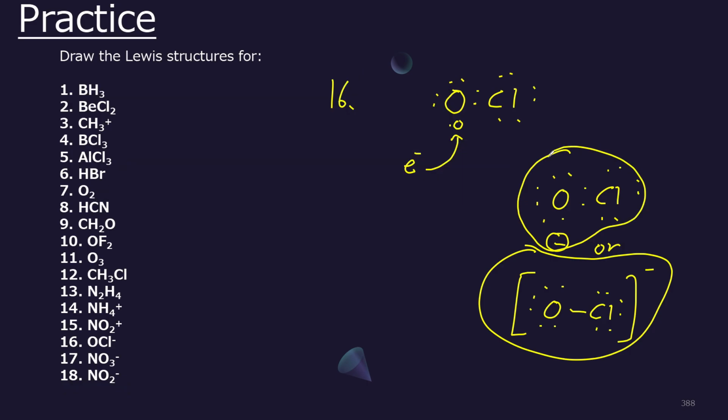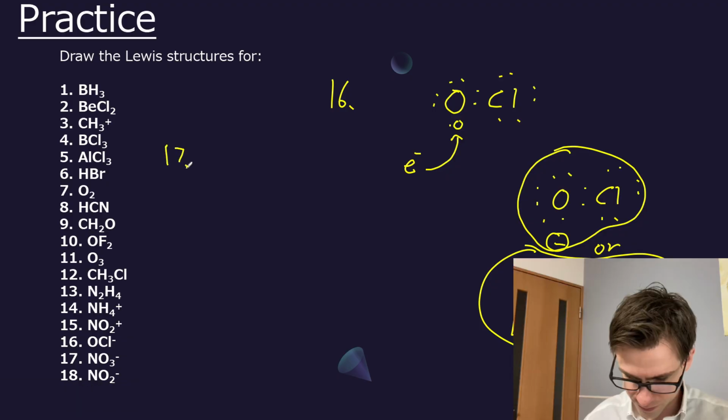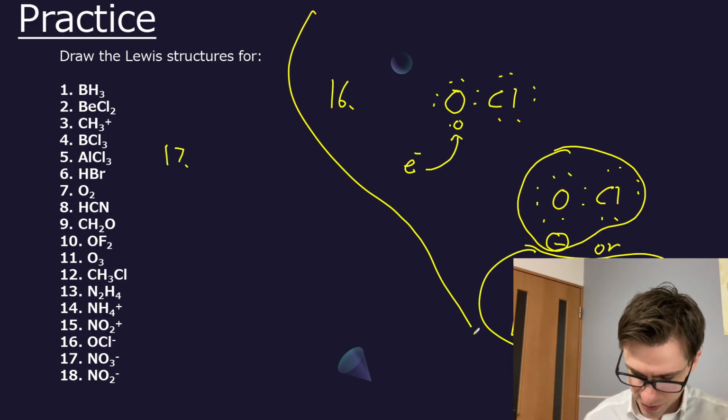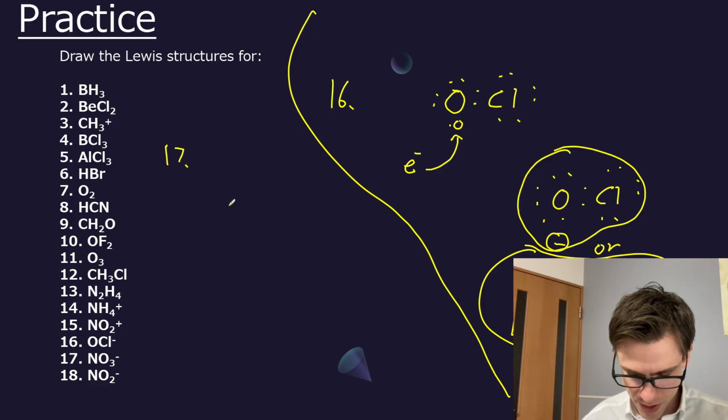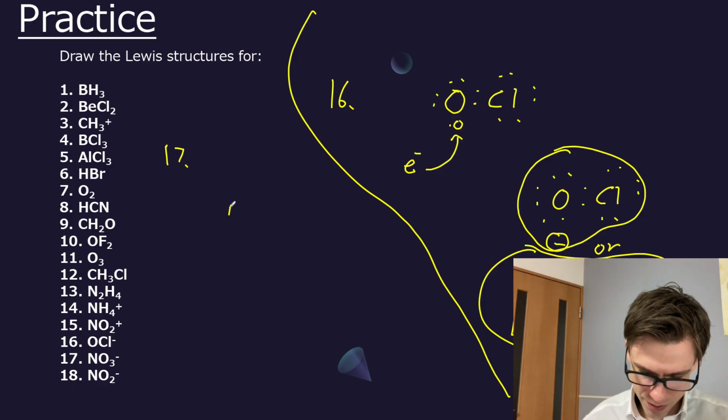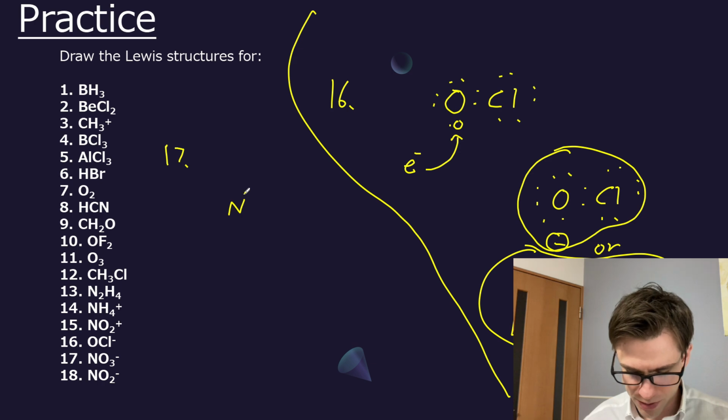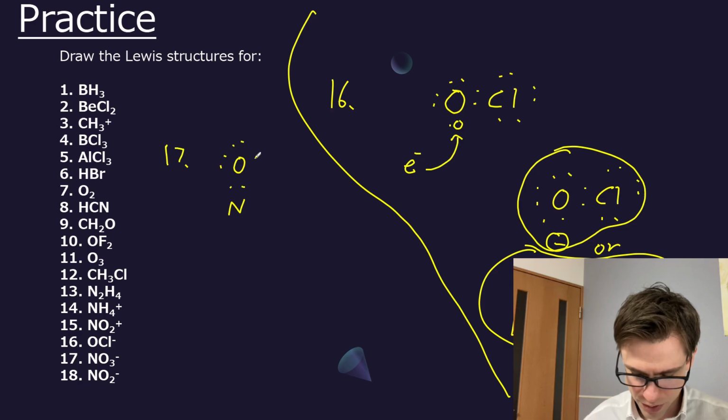Next, 17, NO3-. Might need some decent amount of space for this. So NO3-, N we'll put in the center. It can form more bonds. We'll start by making single bonds with oxygen.